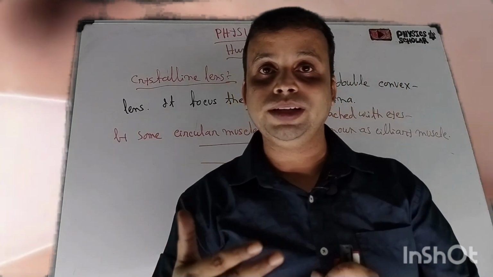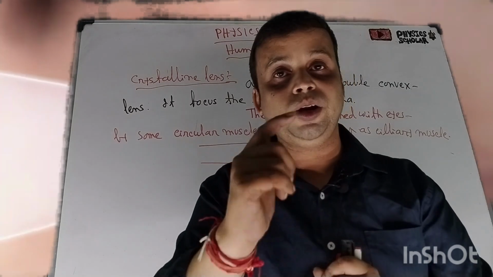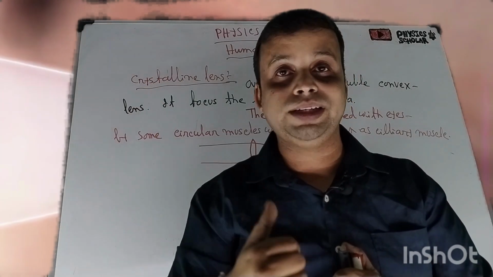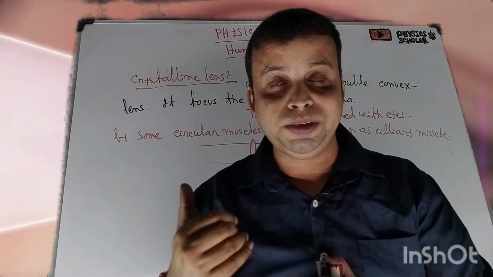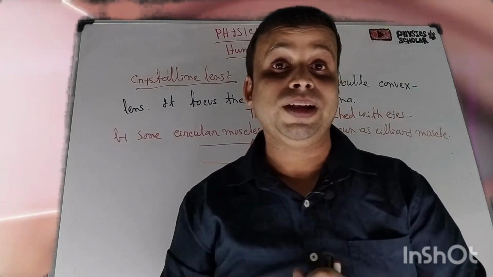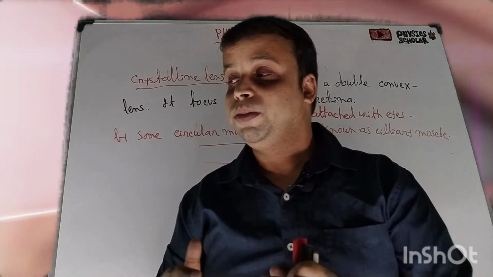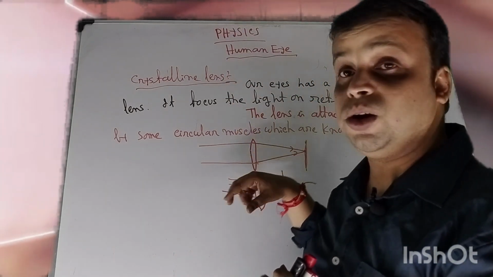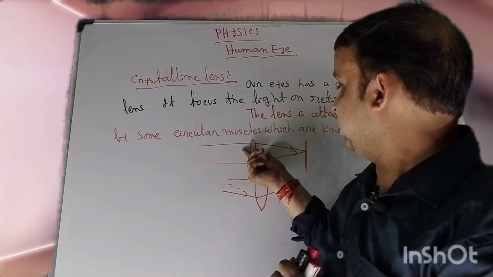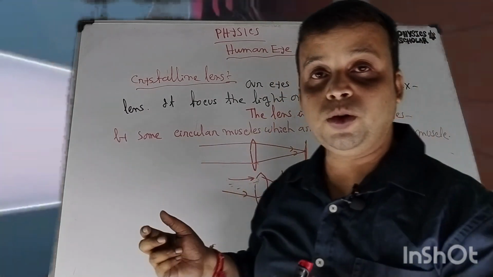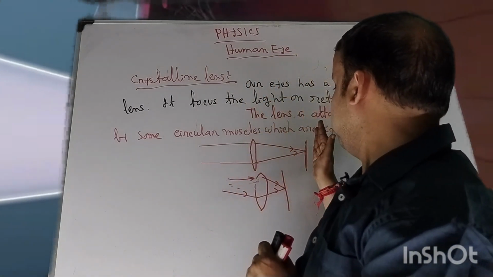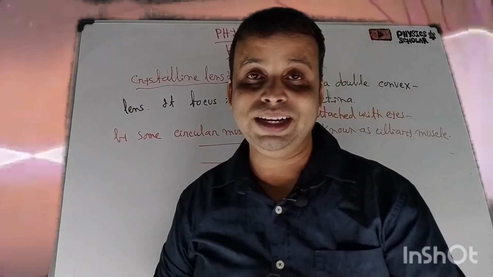So we can watch nearby objects properly, and distant objects properly too. Because in both cases the adjustment of the focal length is done automatically, in such a way that the image is always formed on the retina.